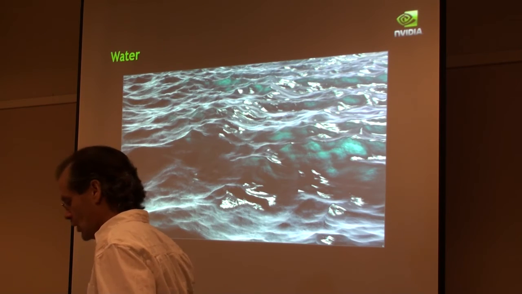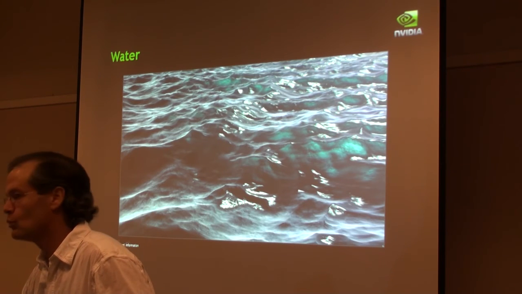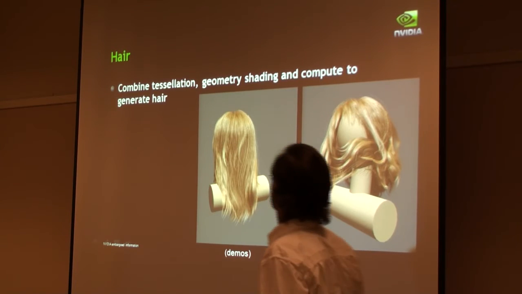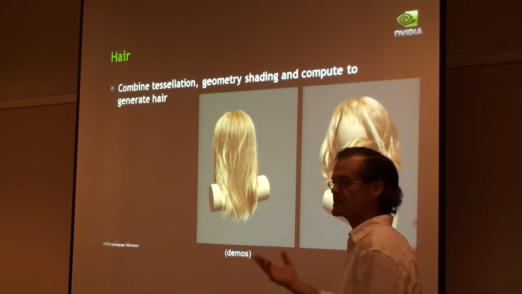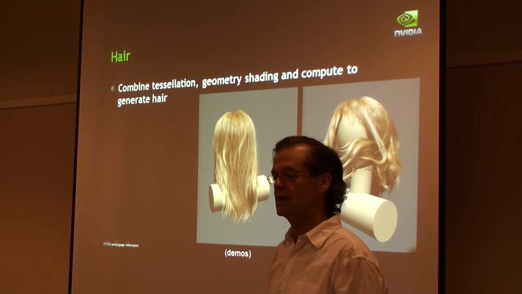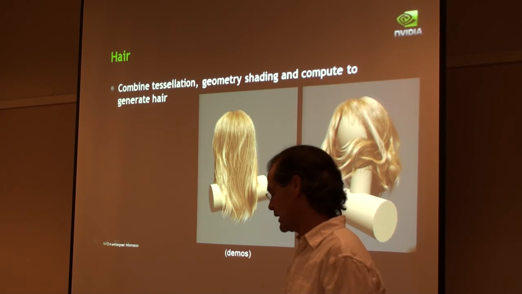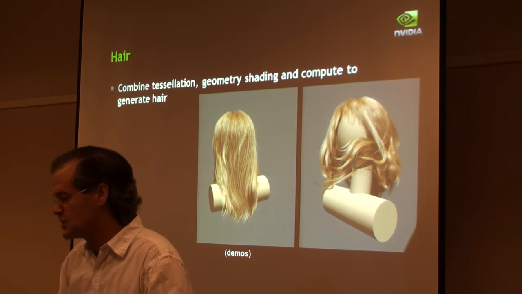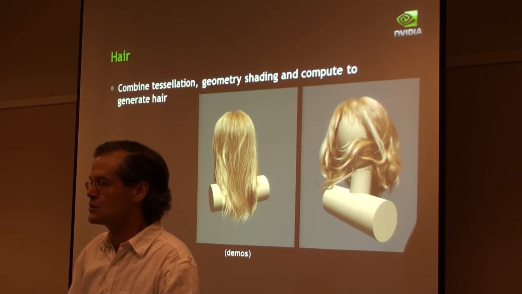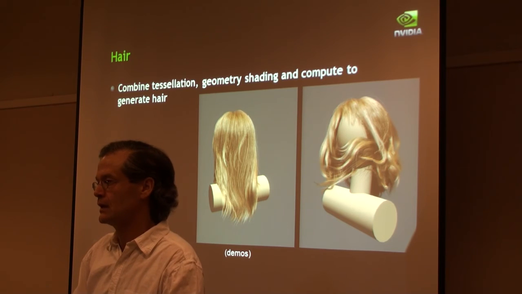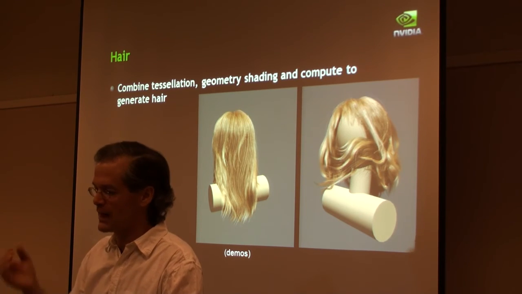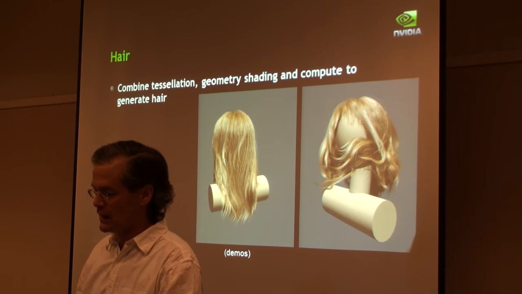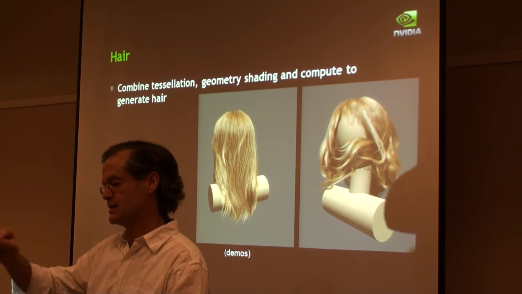So, water. And actually we're going to go to a demo in a moment. But another use of tessellation, which is a little bit less obvious because this isn't a surface, is hair. The tessellator has a mode that, in addition to being able to draw triangles, can also draw lines. In mathematical terms, these are called isoparametric lines, and all that means is it's a line on the surface that has a constant parameter.